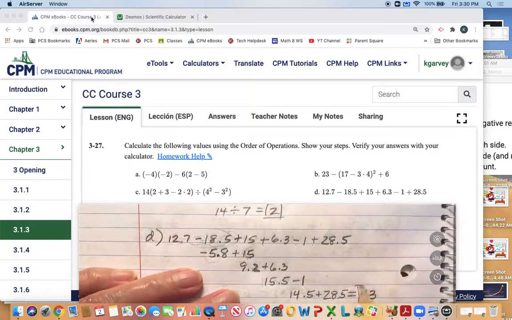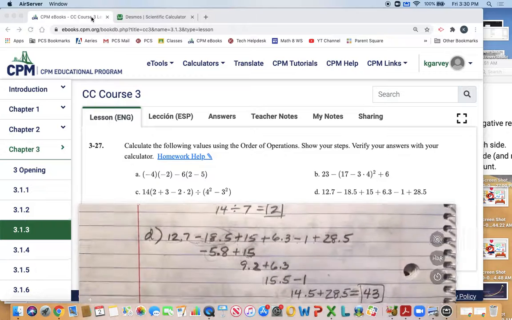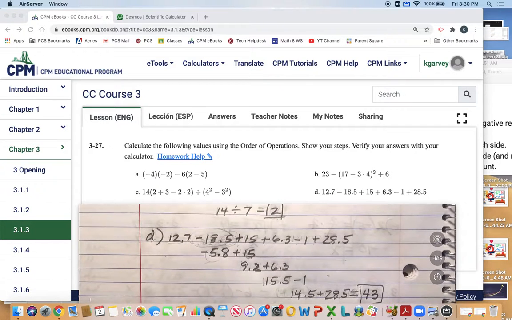All right, so let's check that out with our calculator.